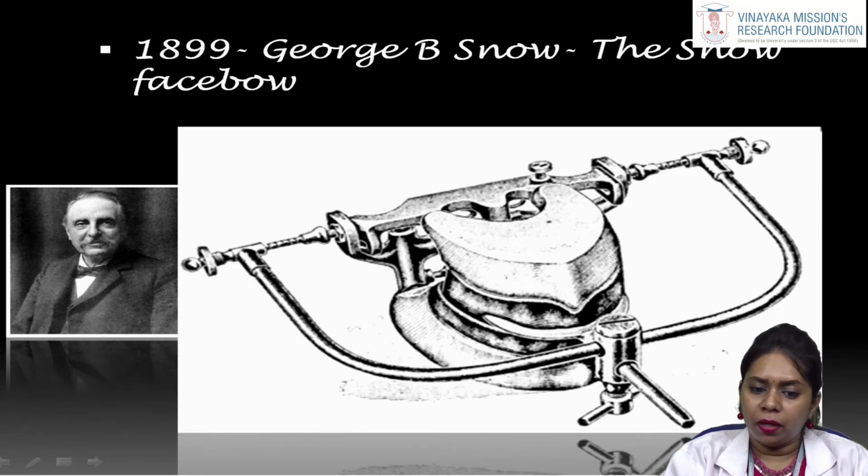Snow adopted the plane of orientation suggested by Bromwell, that is, the center of the glenoid fossa to the anterior nasal spine. Snow used the term ala tragus line, adapting it to the soft tissue structures for clinical application. He also introduced a basic facebow in 1899, and it remains the prototype for all other facebows and the inventors that followed till this day.